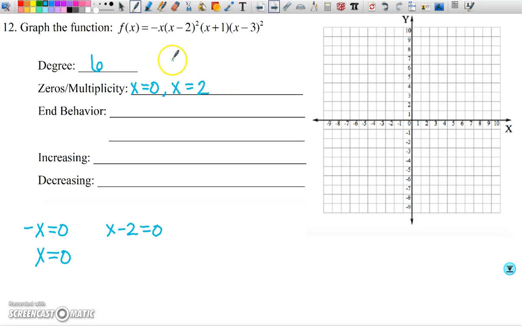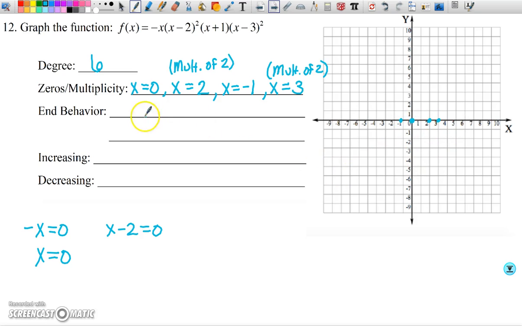But this one has a multiplicity of 2 because of this square right here. So then our next 0 would be a negative 1, and our last 0 would be a positive 3, and this one would also have a multiplicity of 2. So our x-intercepts are 0, positive 2, positive 3, and negative 1.